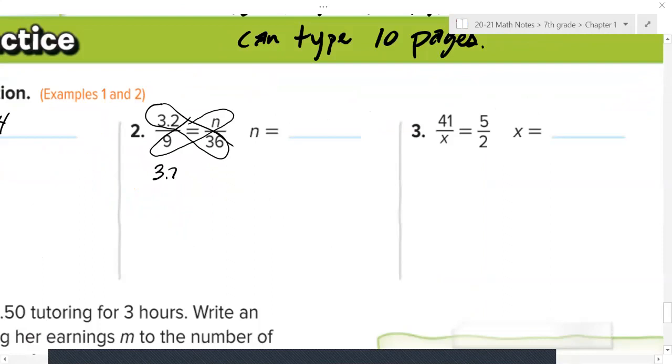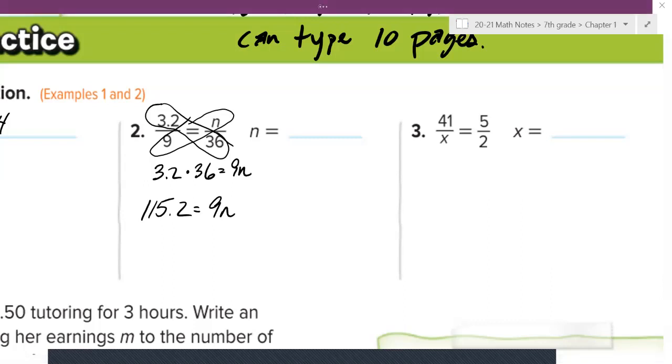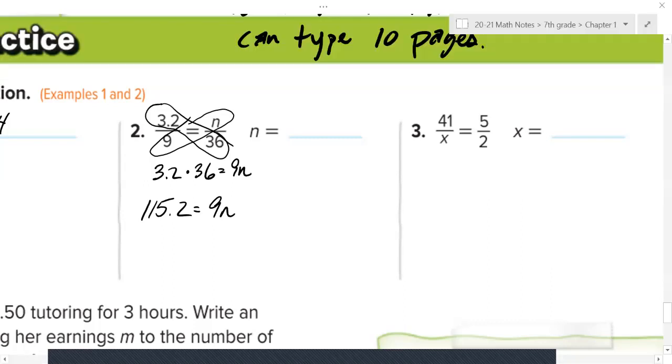So I have 3.2 times 36 is equal to 9n, which is 115.2 equals 9n. I need to solve for my variable. Which is 12.8. For number 3, 5x.